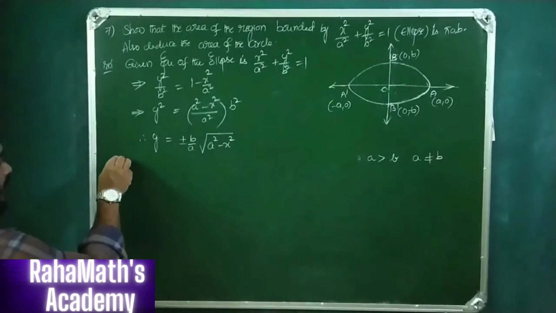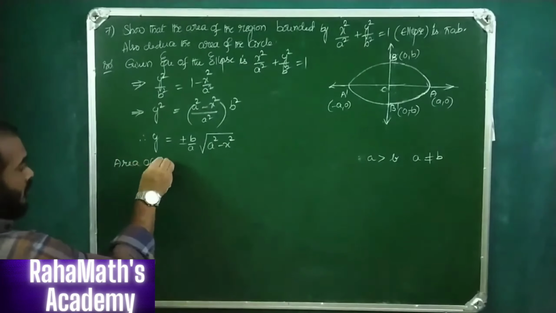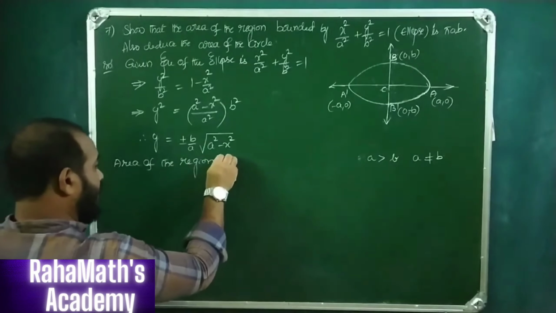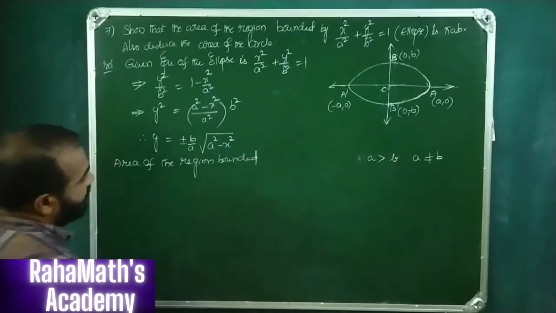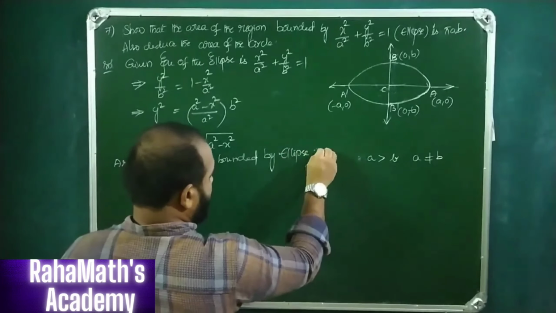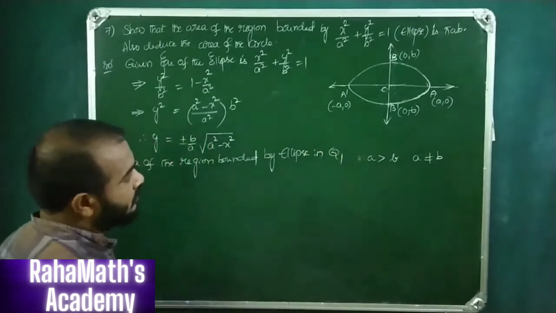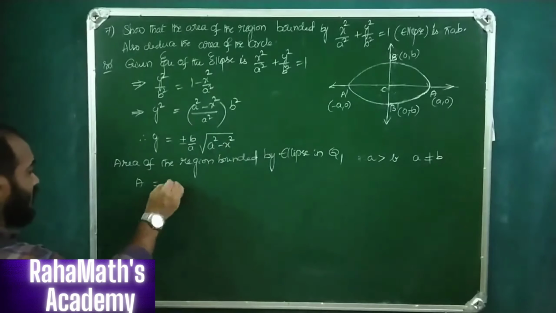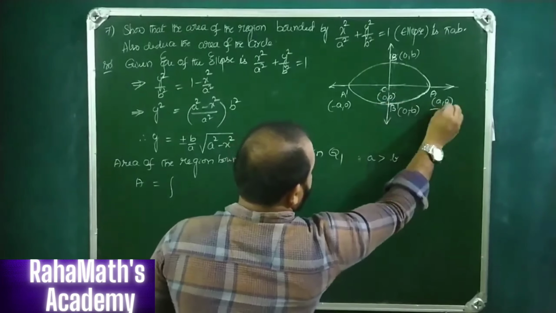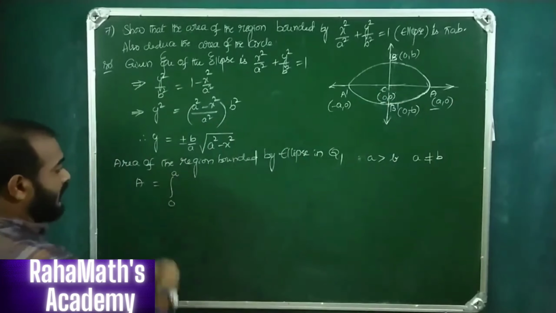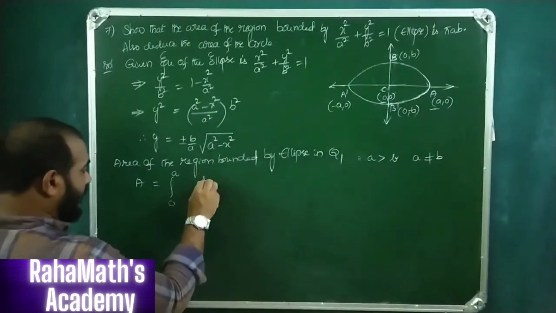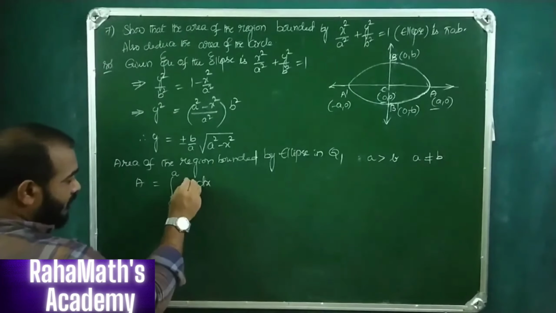Now, the area of the region bounded by the ellipse in the first quadrant Q1. So the area is equal to the integral from 0 to a, which are the limits of x, of y dx.